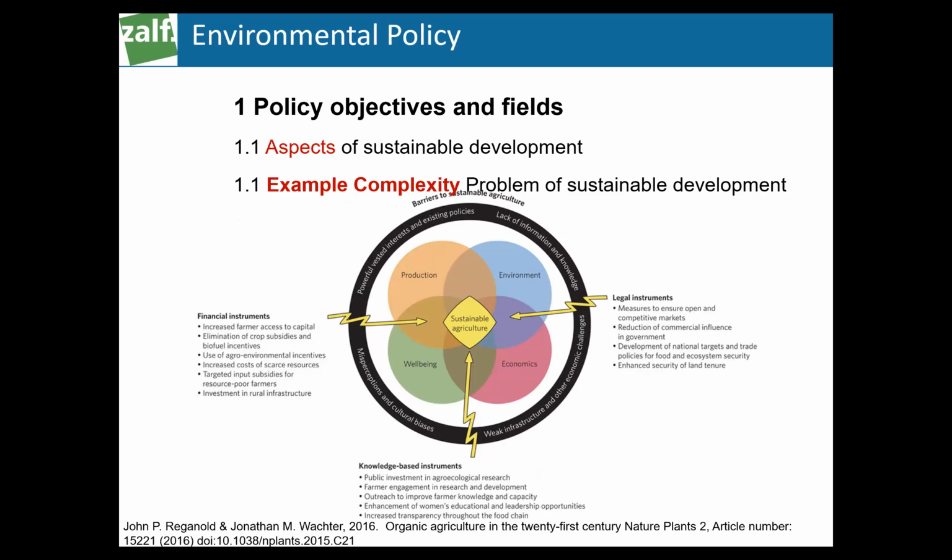Complexity. This sustainability is really vague, based on this Brundtland report, because it depends on so many levels of policies and also interpretations of sustainability. You always have extremes: Brazil is cutting the forest on the one hand and also considers itself a high biodiversity country, and they interpret this completely differently than in Germany.